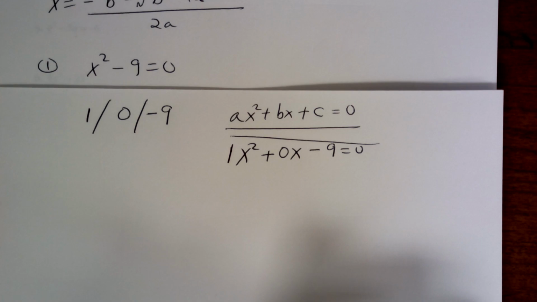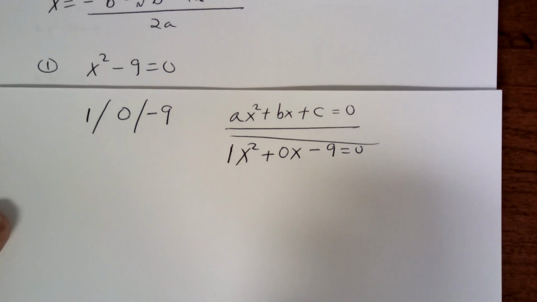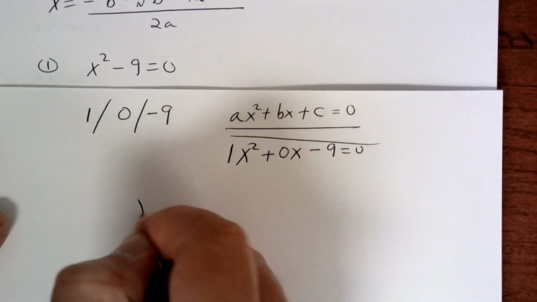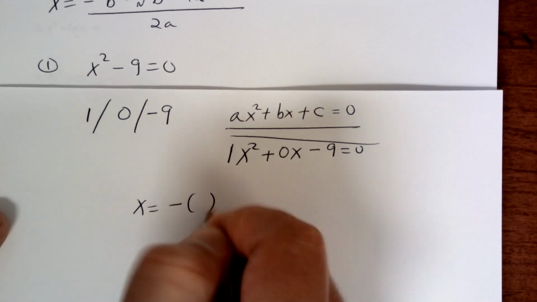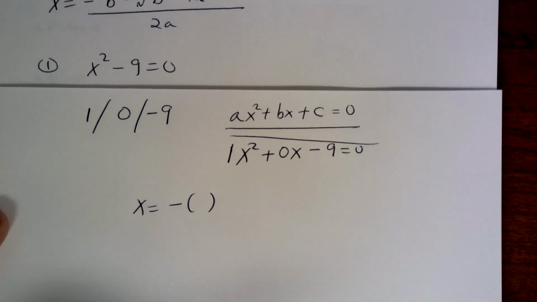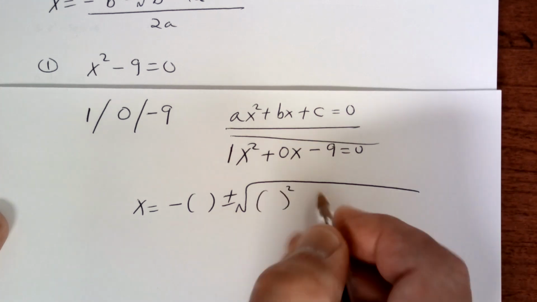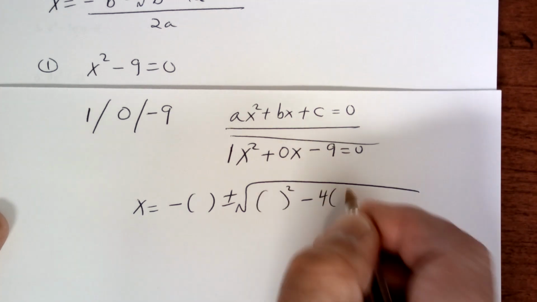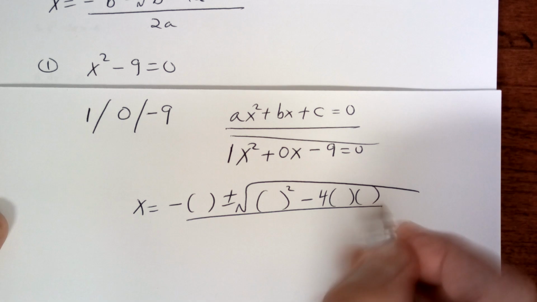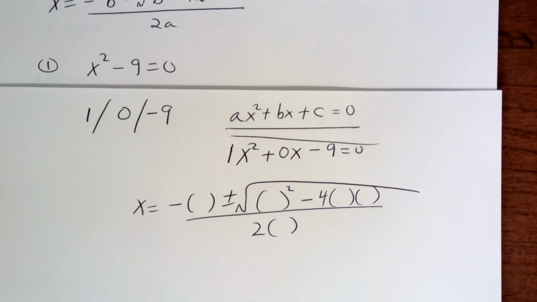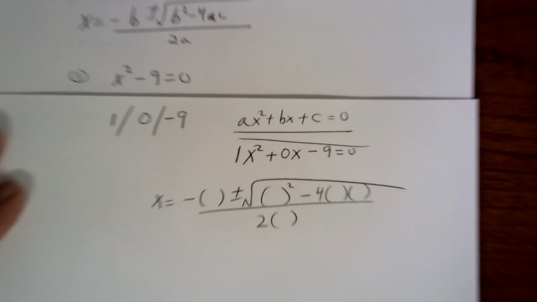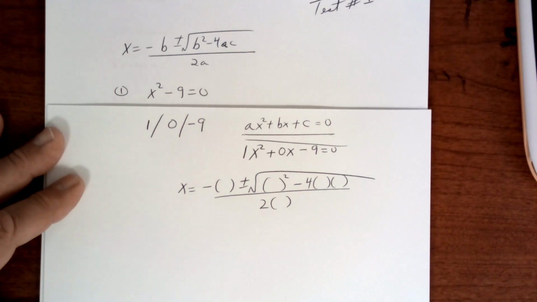So on today's worksheet, I want you to put x equals negative b, put parentheses, plus or minus the square root of b squared minus 4 times a times c, all divided by 2 times a. Okay, now all you do is substitute your numbers in there and work it out.